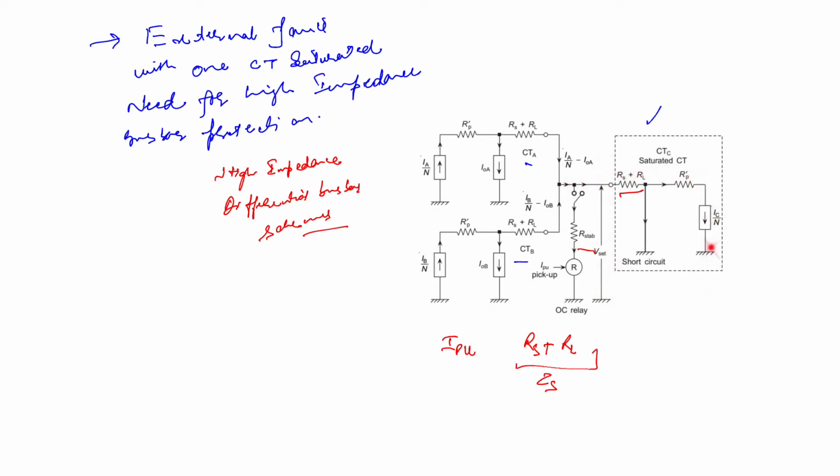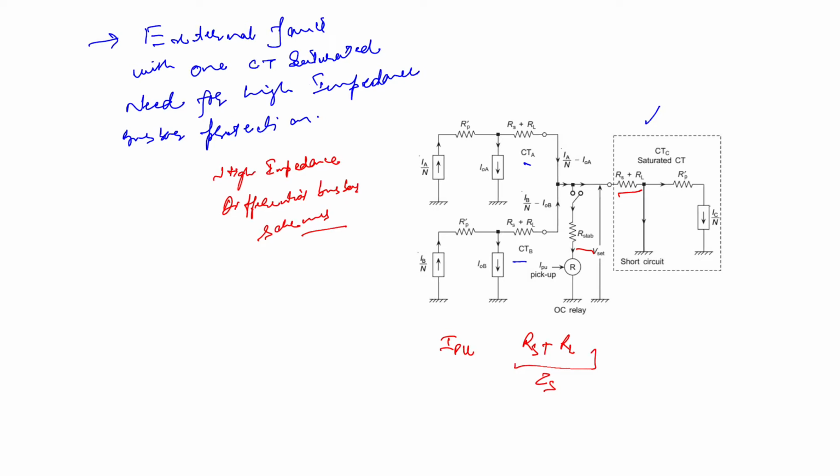We can write the expression: V set equals IA divided by N minus I naught A, the magnetizing current, plus IB divided by N minus I naught B, into ZS.